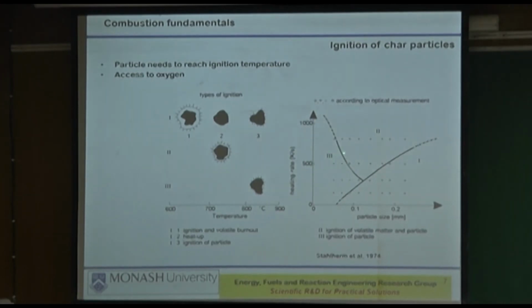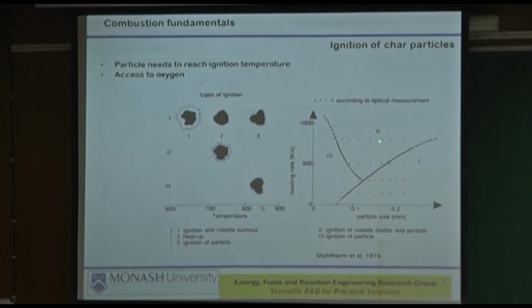So that's how we read it, that in here, this is the ignition of the volatile matter and the particle itself, and in here, it is the ignition of the particle, just the particle itself, when the volatile has combusted and has given the enormous heat release for the particle to get heated quickly. Yes, this is only for the char.